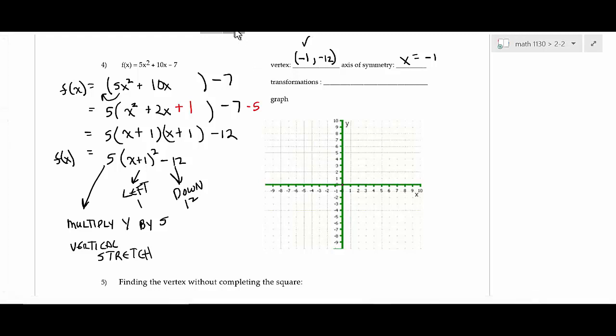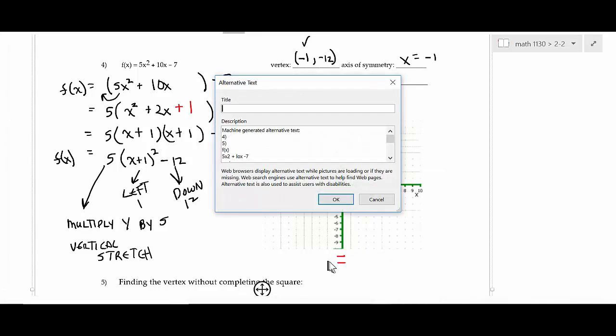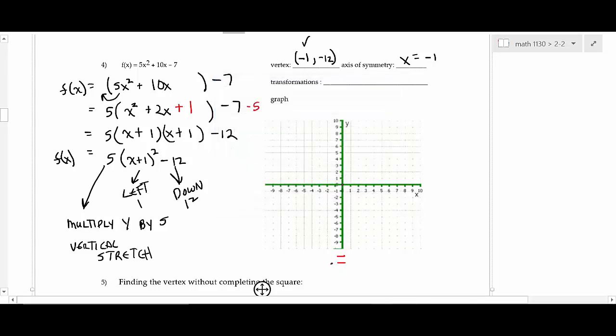So let's go ahead and plot the vertex. We probably need to go add a couple of notches on our graph. So we'd go left 1, and then we would go down like that. So we'd go down 12 like that. Now what's different on this one, I'm not going to get all the points. I'm just going to get maybe 1 or 2 points.